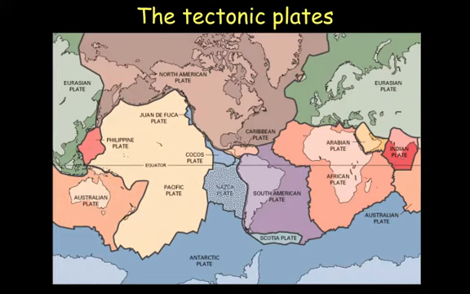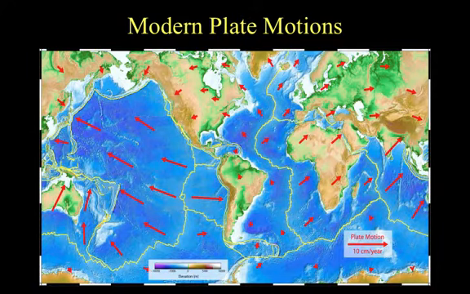create volcanism in certain boundaries. If we look at GPS data, global positioning system data, we can actually see and measure the direction and the magnitude of the movement of these different plates.